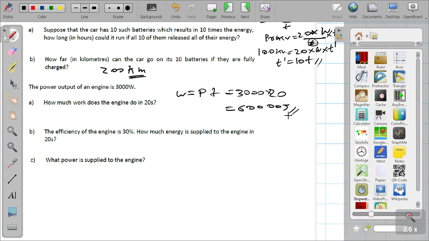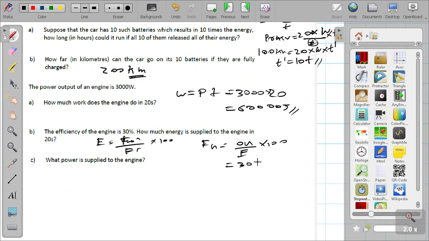Now in the last one, the efficiency of the engine is 30%. What is the energy supplied to the engine in 20 seconds? The efficiency is E out over E in multiplied by 100%. So E in is E out over efficiency multiplied by 100.